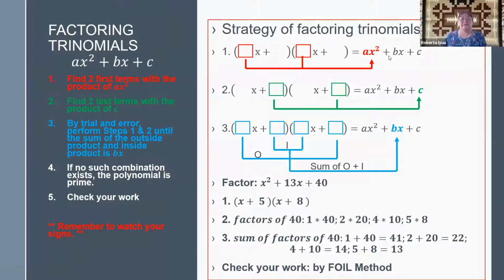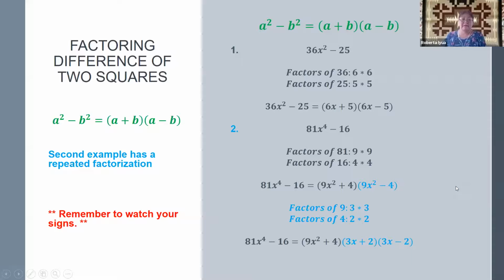In this slide is the factoring of the difference of squares. The a squared minus b squared is equal to a plus b times a minus b. My first example is 36x squared minus 25.